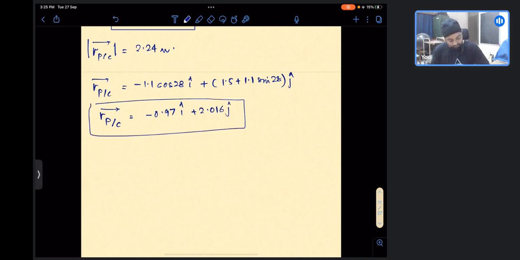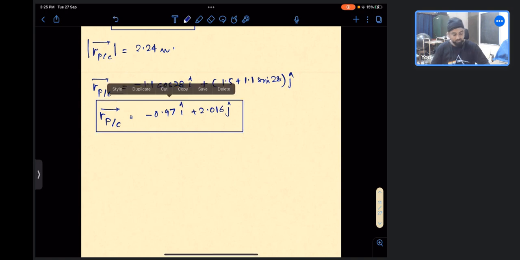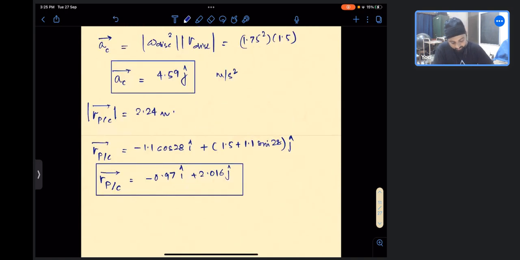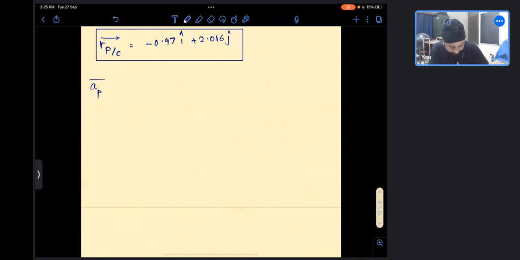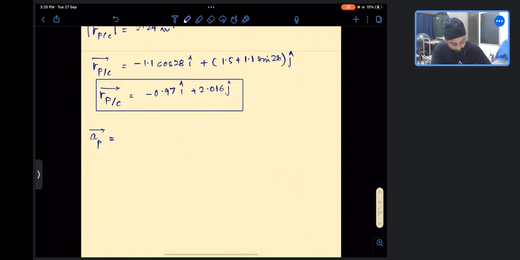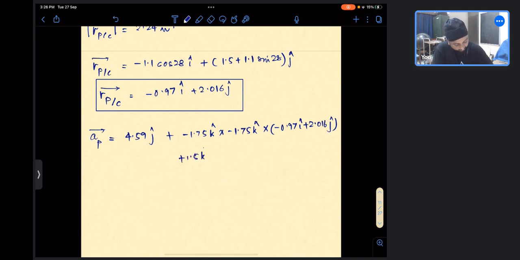So the last thing is to substitute and get the acceleration of P, which comes out to be 4.59 j cap plus minus 1.75 k cross minus 1.75 k cross minus 0.97 i plus 2.016 j, plus 1.5 k alpha cross minus 0.97 i plus 2.016 j.